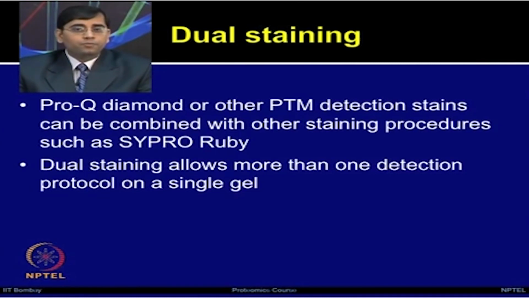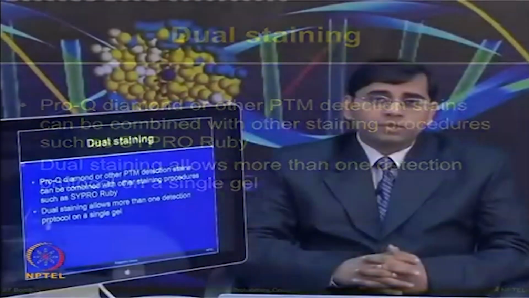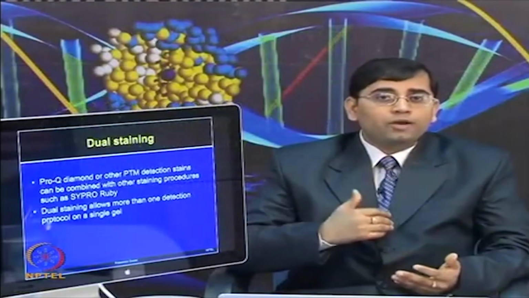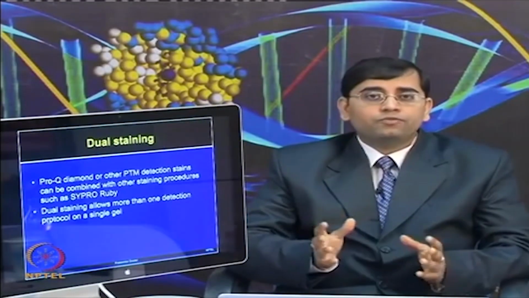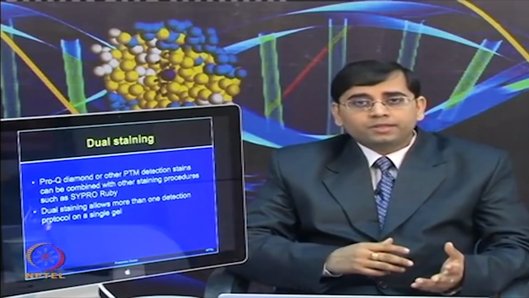If you did not have enough protein, you probably used silver or Sypro Ruby. If you had enough protein, you went with Coomassie Brilliant Blue staining. If you were interested in looking at a certain form of PTM, you used Pro-Q Diamond or other specific stains. Now, if you want to do some more advanced form to eliminate a lot of gel artifacts, probably you used cyanine dyes.